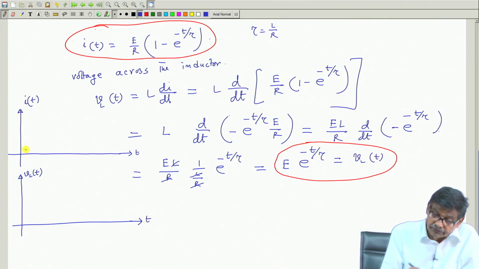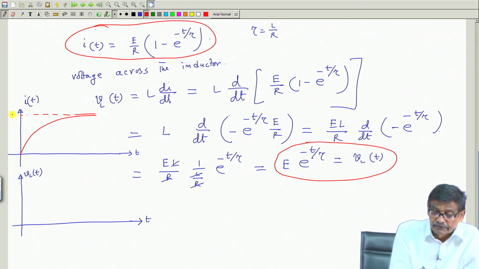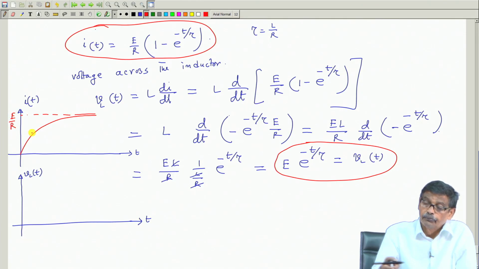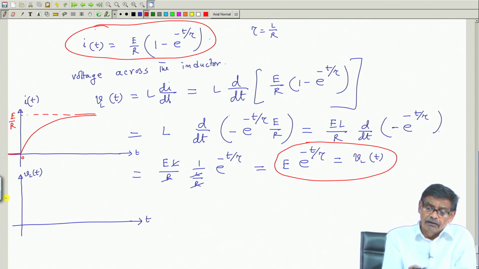I(t) we have seen will be like this, the final value will be E by R, and it will grow exponentially with a time constant tau. Before that it was 0 here. As I am telling, this is t equal to 0.